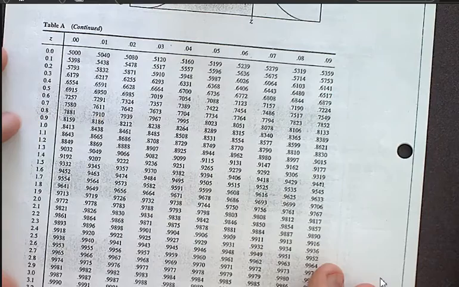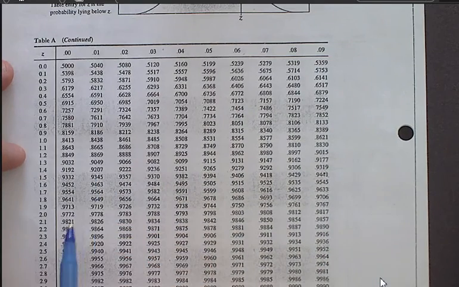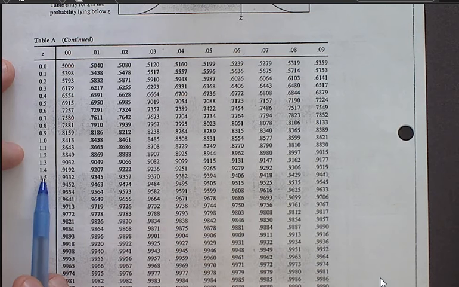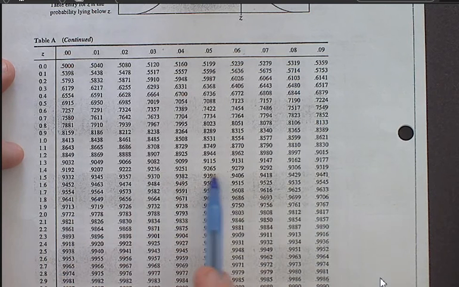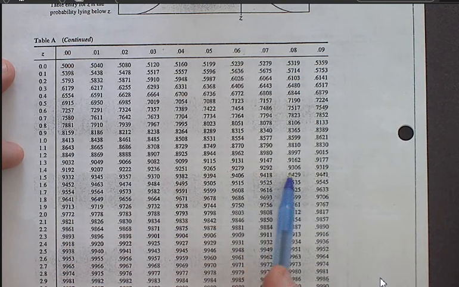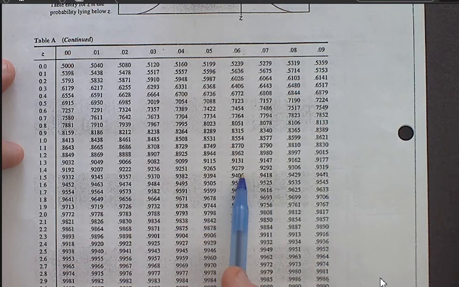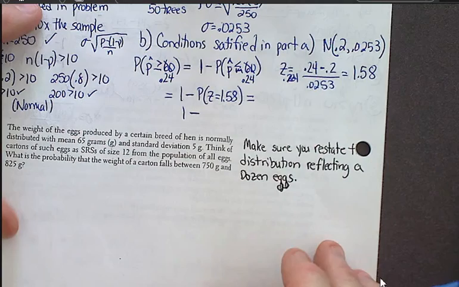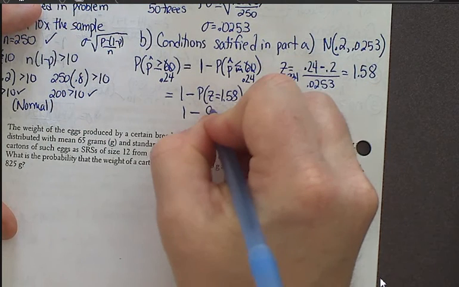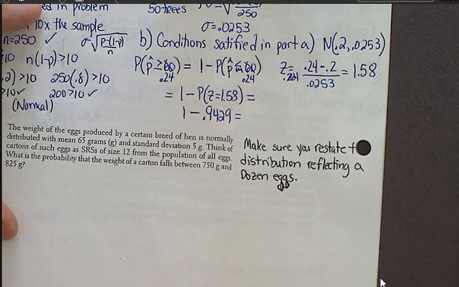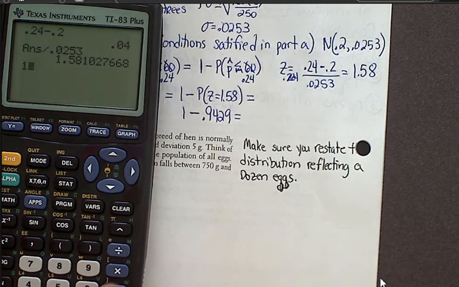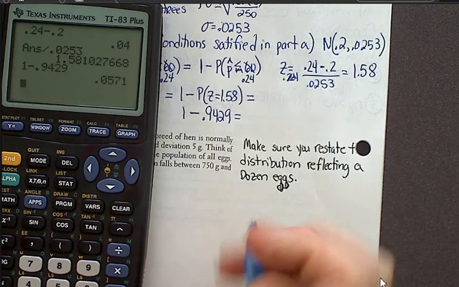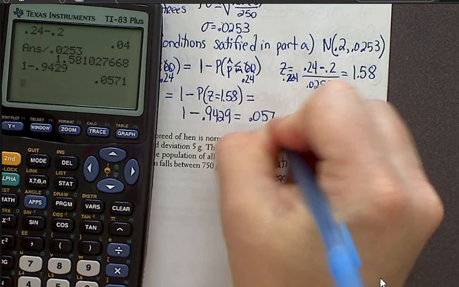We're looking for 1.5, going across to 8, and we get 0.9429. Doing that subtraction, 1 minus 0.9429, we get a probability of 0.0571.